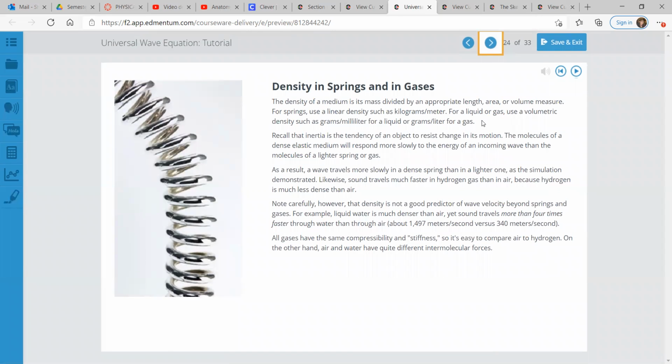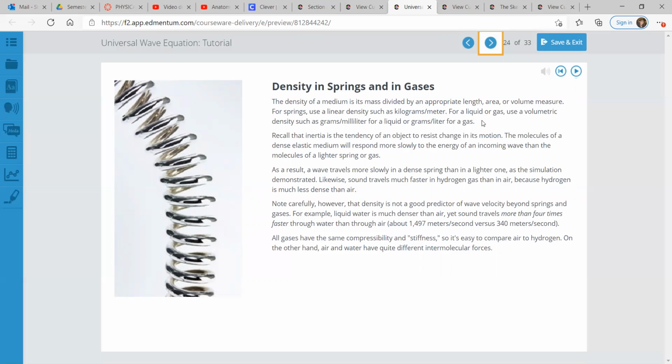Density in springs and in gases. The density of a medium is its mass divided by an appropriate length, area, or volume measure. For springs, we use a linear density like kilograms per meter. For a liquid or gas, we use a volumetric density like grams per milliliter, or grams per liter for a gas.